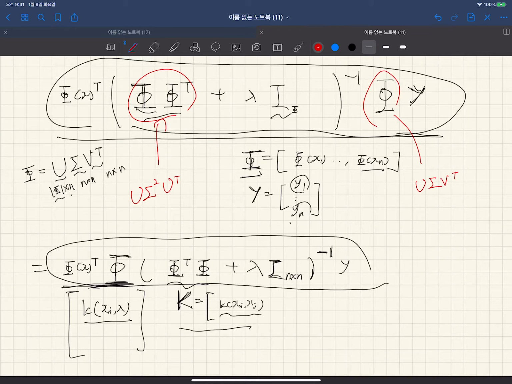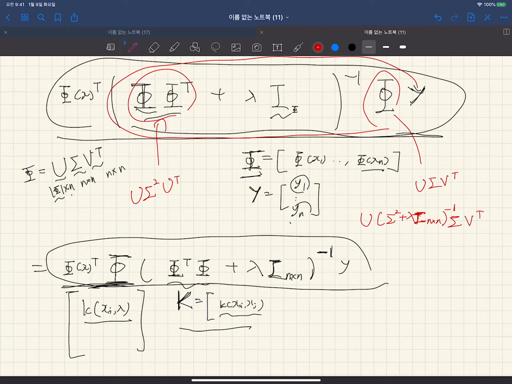So when you multiply this, what will happen is this part essentially becomes U (sigma square plus lambda identity matrix n by n) inverse times sigma V transpose.